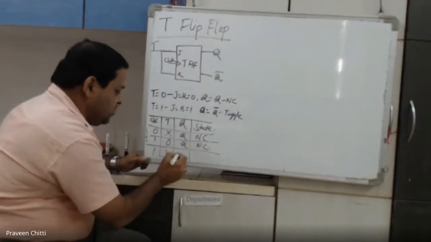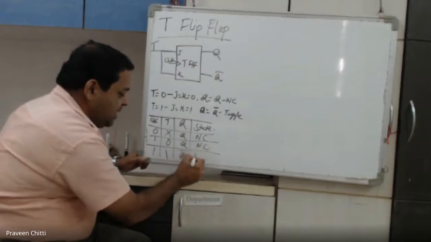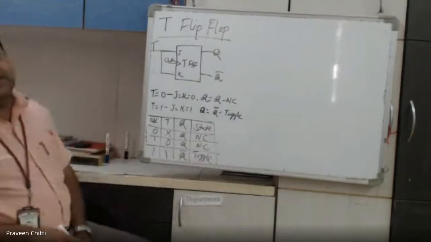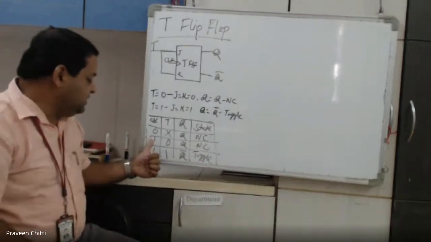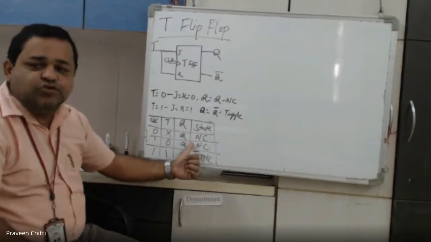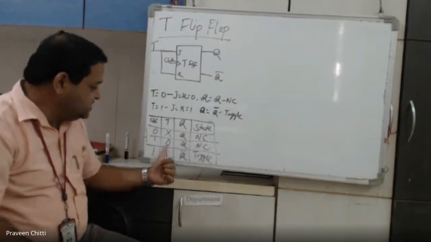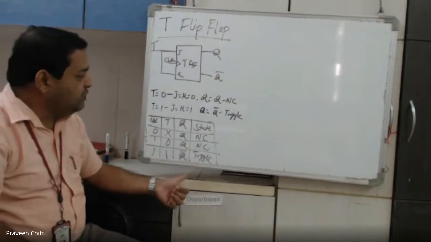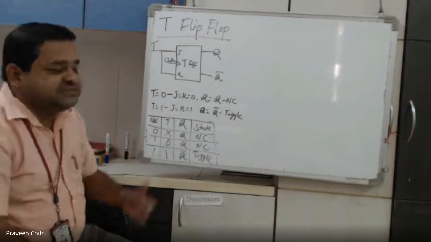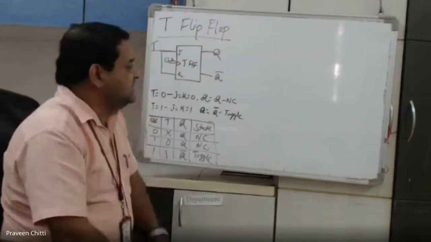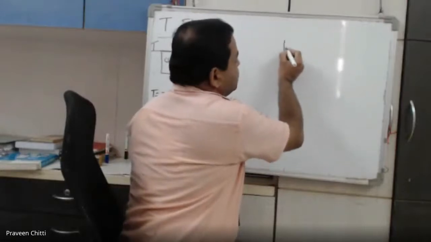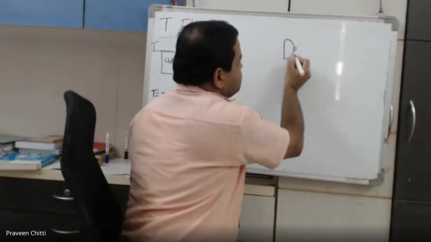And when T is 1, Q becomes Q bar, and this is called the toggle state. So if clock is applied and T is 0, flip-flop remains in the no change state, and when T is 1, output will be the complement of the Q output, so it toggles, and this particular flip-flop is called a T flip-flop.